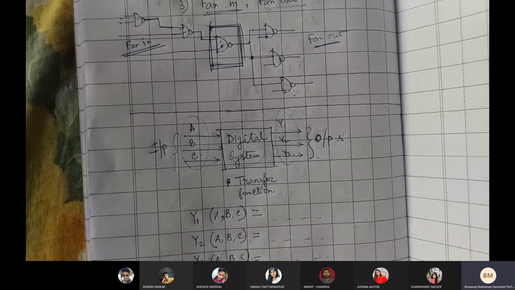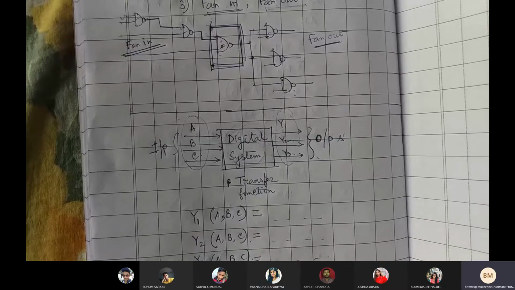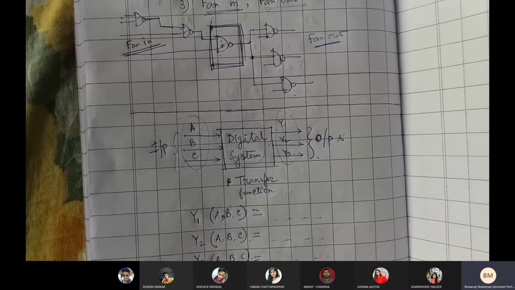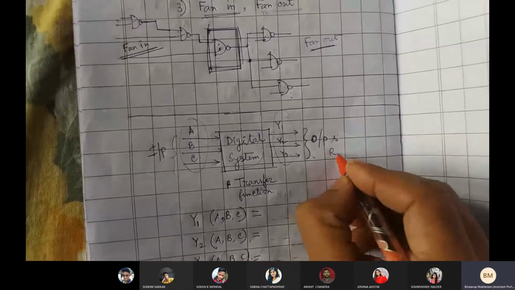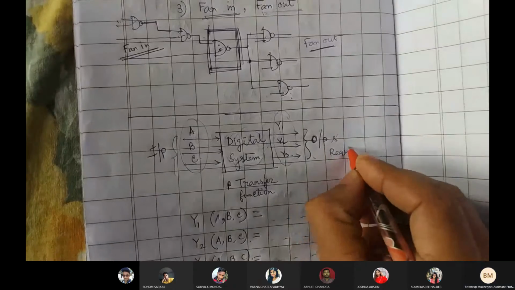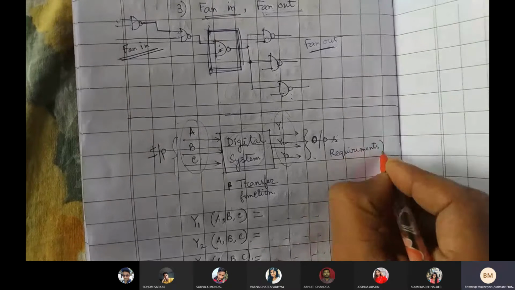I can't make them because the input is not compatible to generate that level of output. Compatible হবে না. So I require some set of inputs also, right? Called specification. So outputs are coming from the requirements, right?